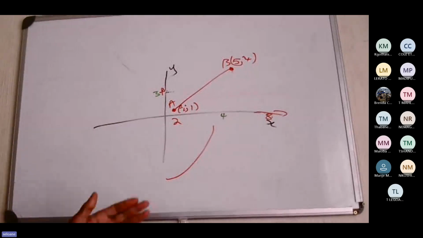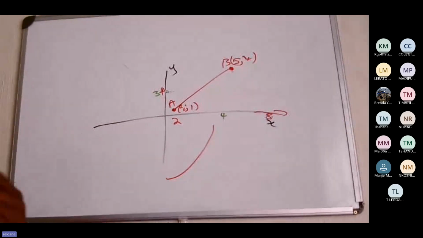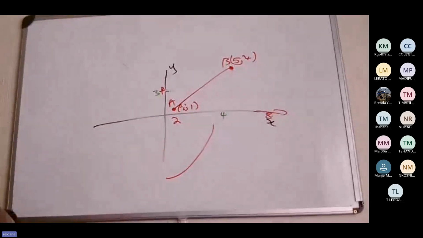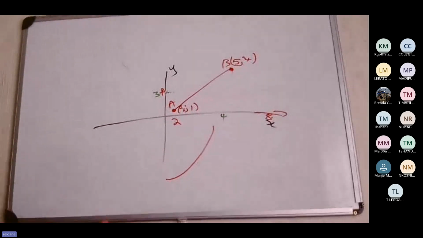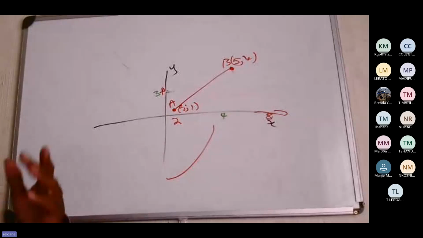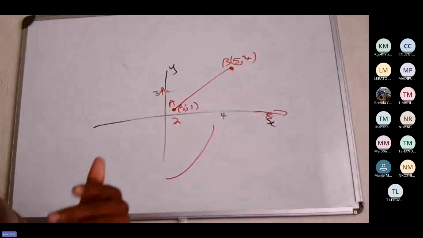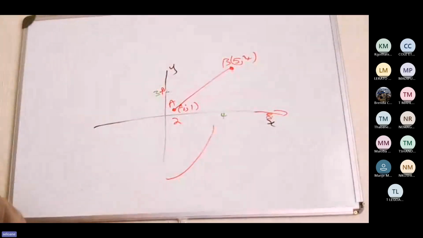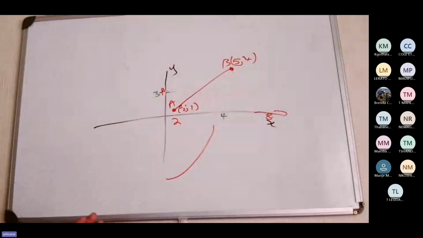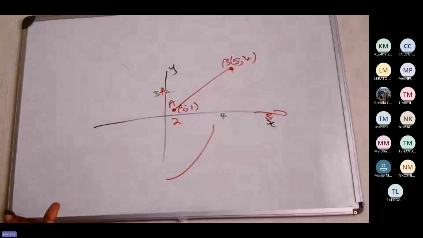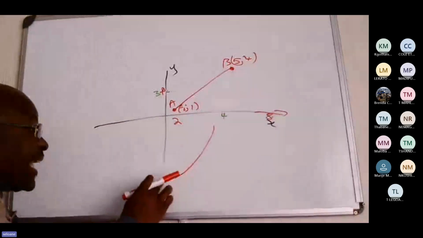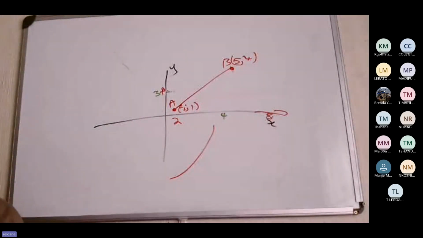It's not an arc of a circle, because with an arc of a circle, we can find it using radians. Remember, with radians, it will depend on whether you have got the angle subtended at the center and the radius of that circle. But now this is not in a circle. It's like this.